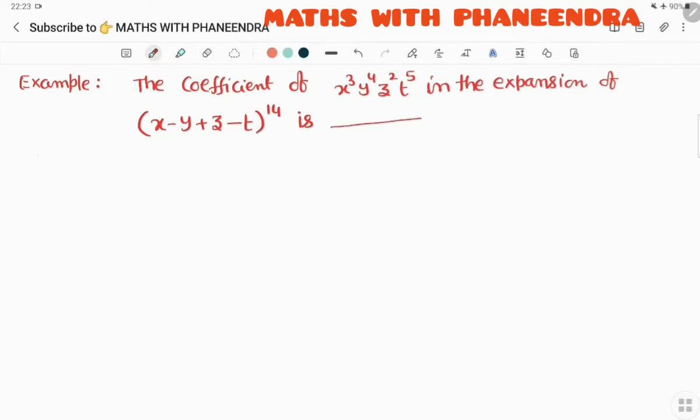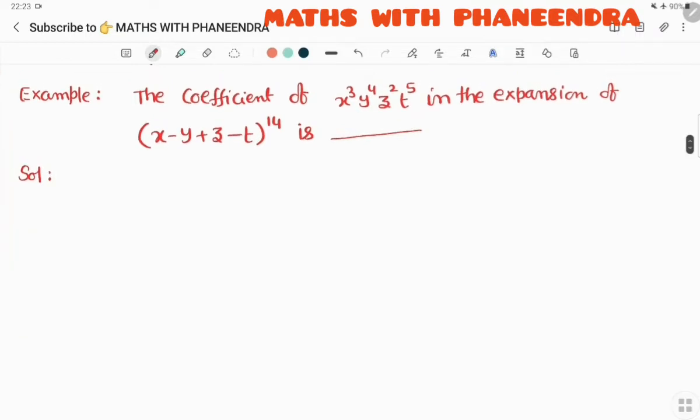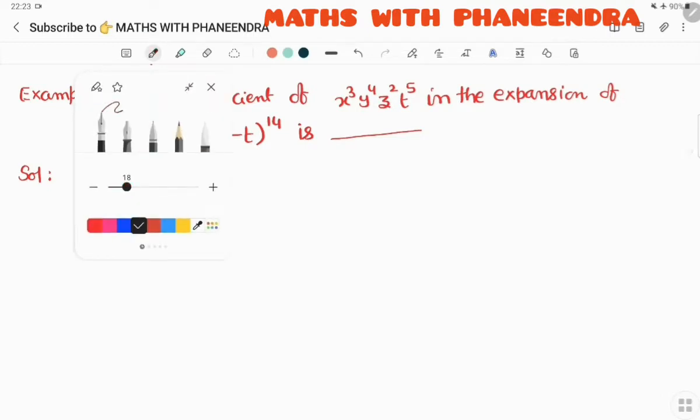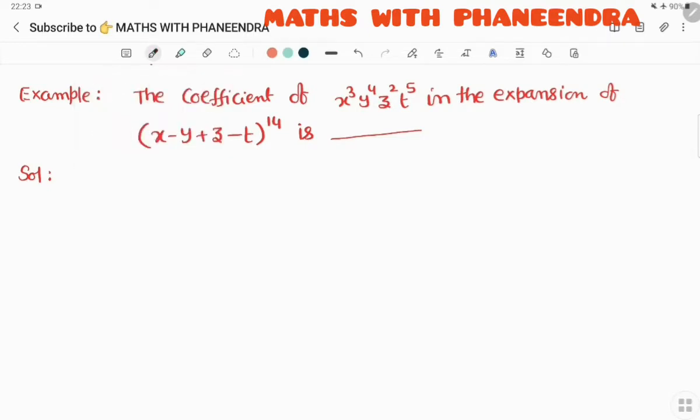So we may expect this type of integer type question. I hope you are able to understand, dear students. I will give the explanation for this.